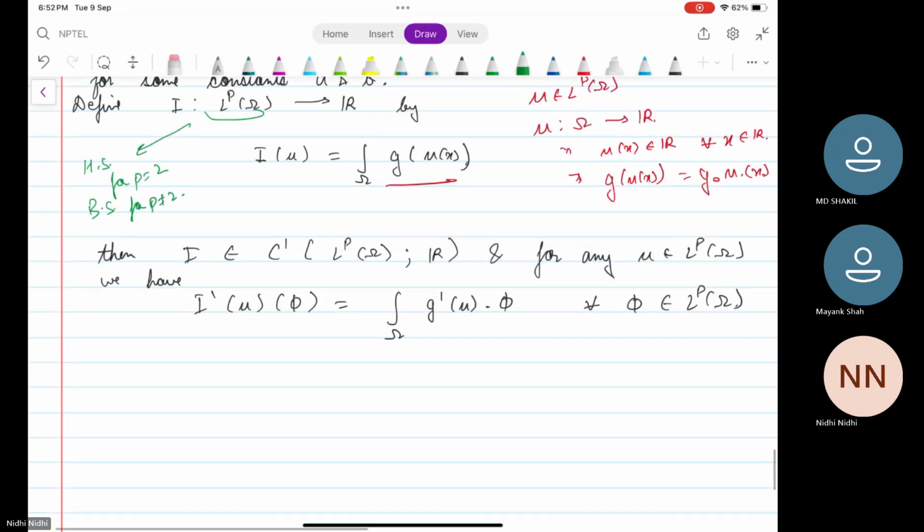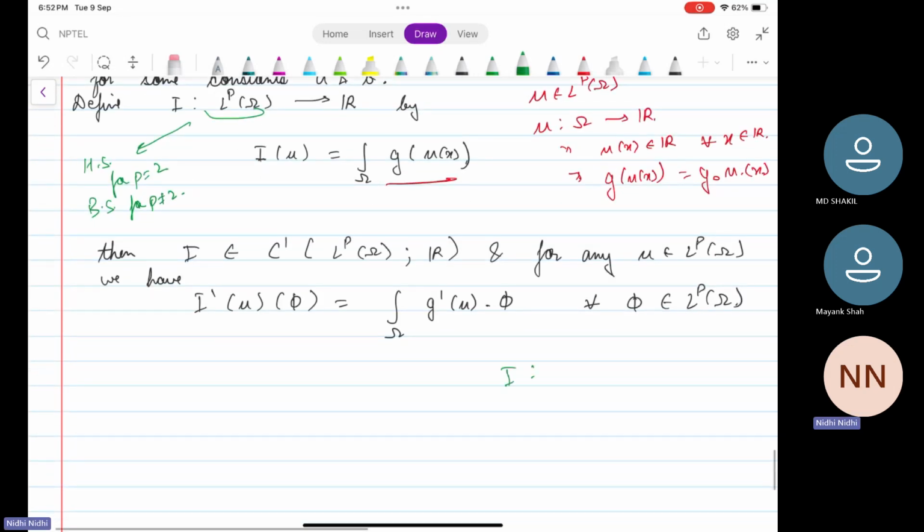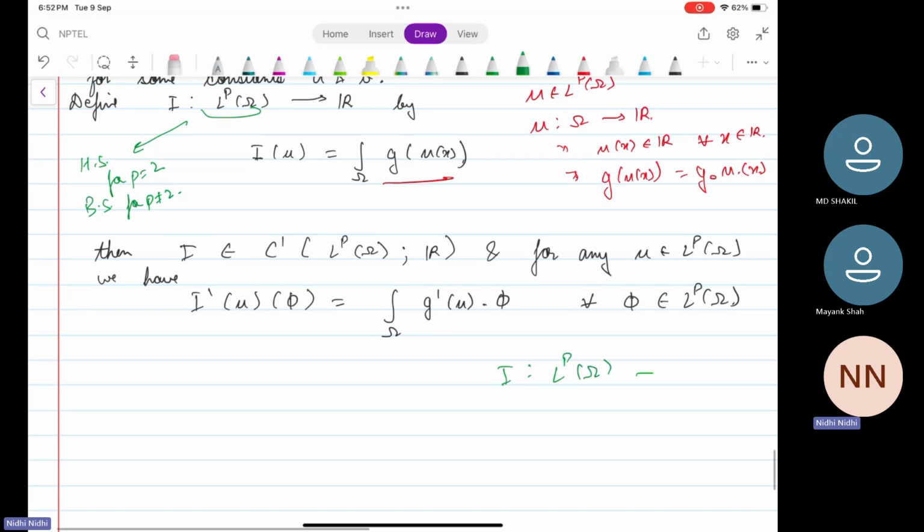See here, I is a map from L^p(Ω) to R. I'(u) is again a map from L^p(Ω) to R. And for any φ in L^p(Ω), this is how we define I'(u). So this is what we'll get eventually.